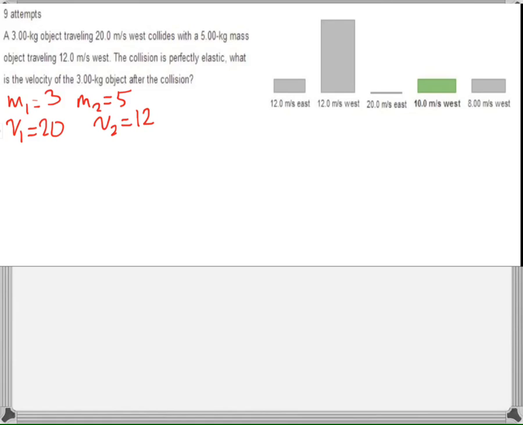No velocities after the collision are given. V1 prime and V2 prime are not known, so you'll find the velocities after the collision. Which equation should you use?